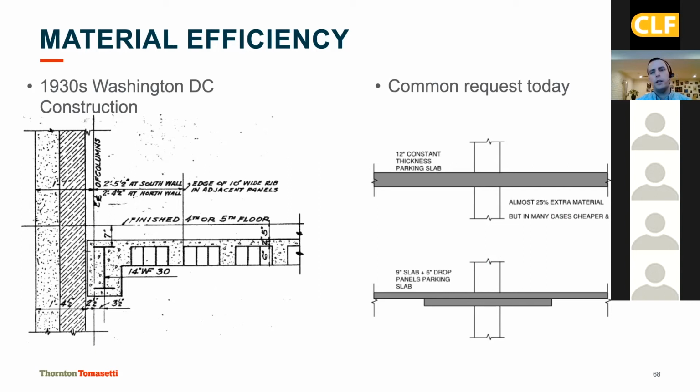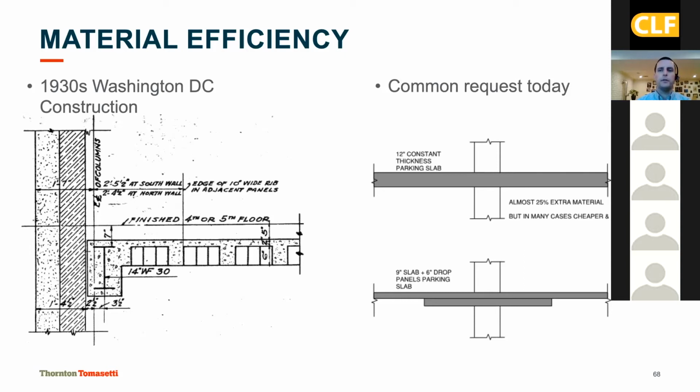On the right is a typical condition that we're being asked about a lot in parking slabs. Can we just go to a 12-inch constant thickness parking slab instead of what's shown in the lower right, a more typical 9+6 or 8+7 type of parking slab, which requires more formwork, a variation for drop panels and things, but is a lot less material.